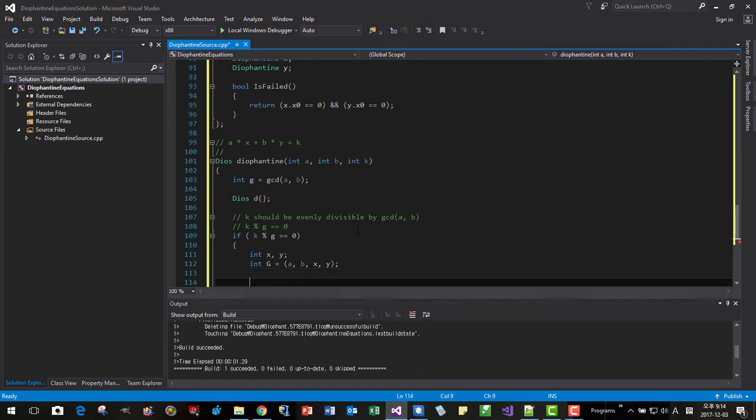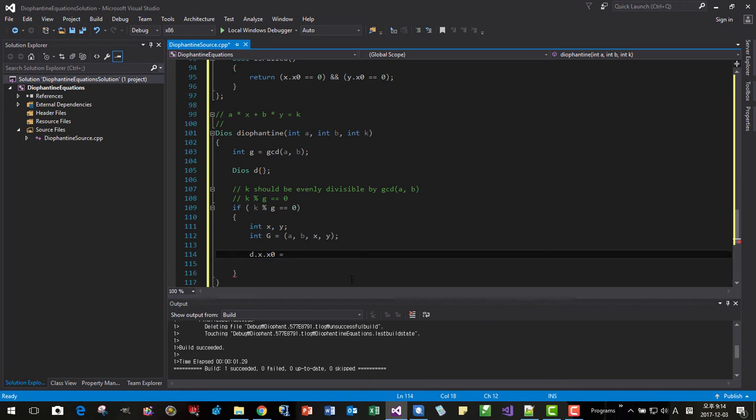Then here d.x, we are setting the first x. This is x's coefficient. It should be x times k over g like this.